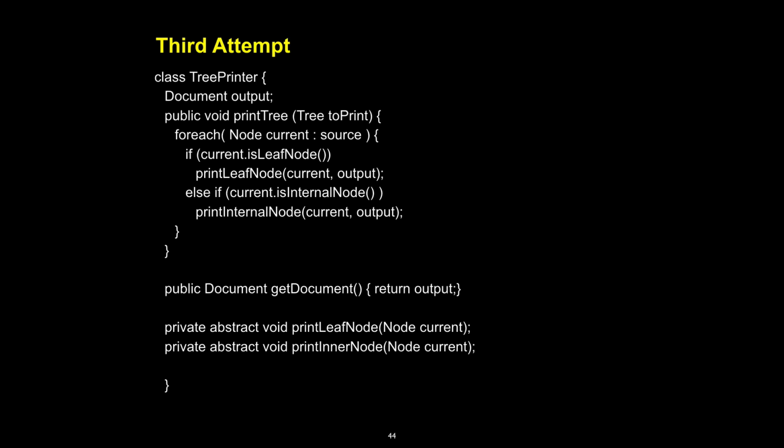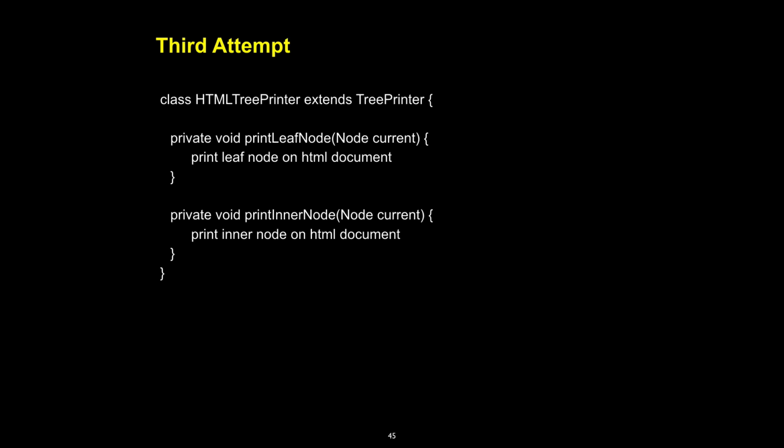And then our top level class will go through all the nodes, right? And then it'll call print leaf node, print inner node. And then the HTML printer is going to have a print internal and a print leaf node, right?